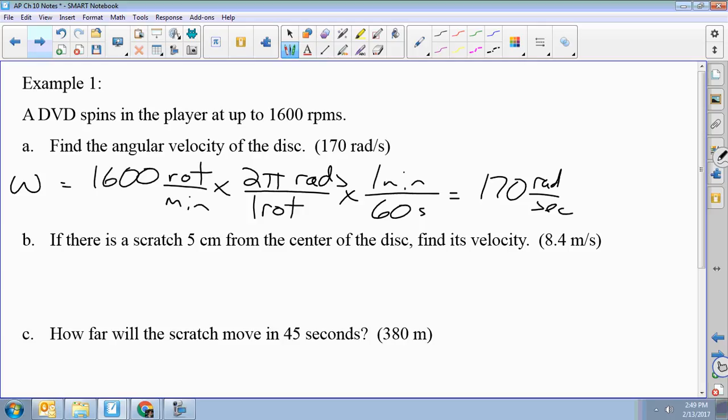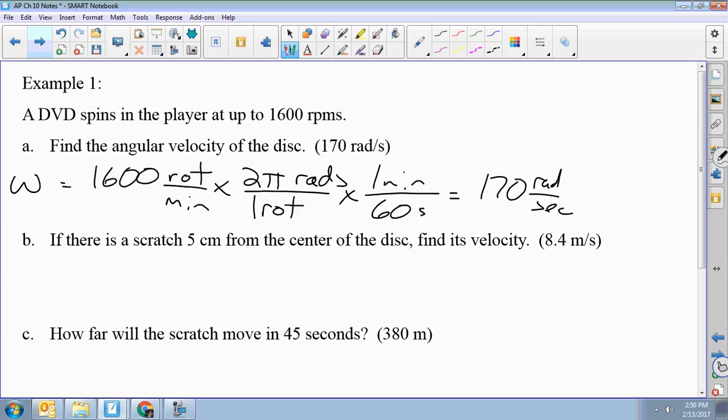All right, now, it says if there's a scratch 5 centimeters from the center of the disk, find its velocity. So check it out. The idea is our scratch is turning through 170 radians every second. If it's 5 centimeters out, how far does it go with every radian? 5 centimeters. Each one of these radians is equivalent to traveling 5 centimeters.